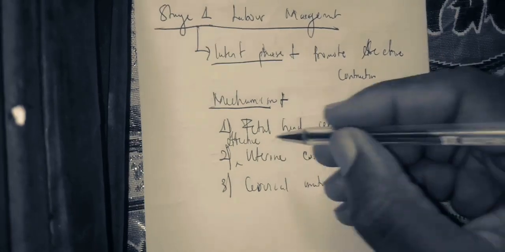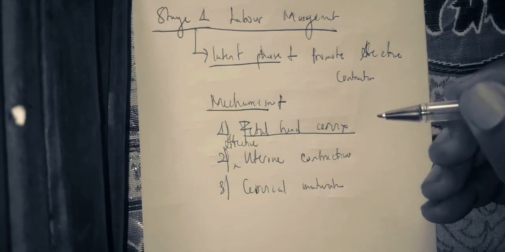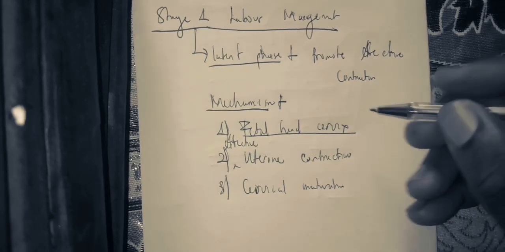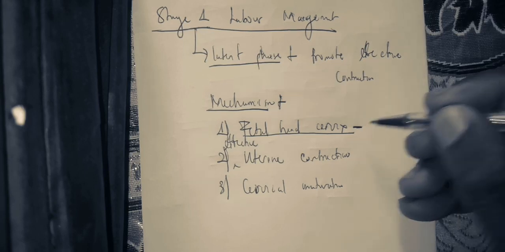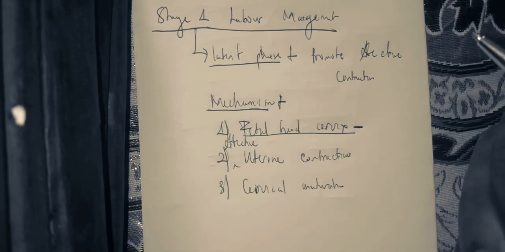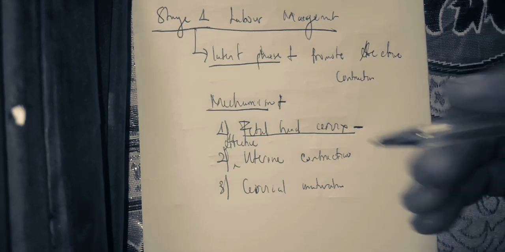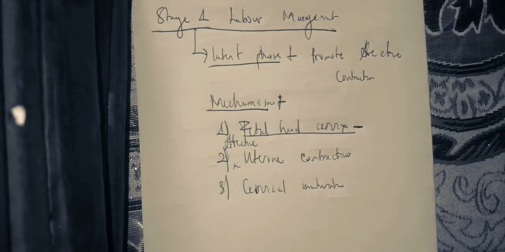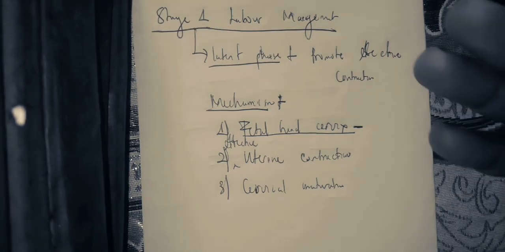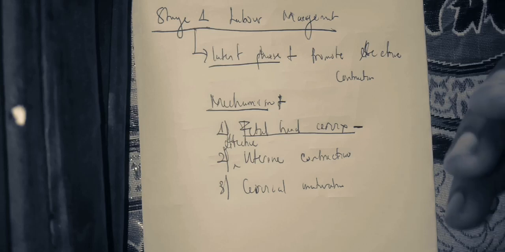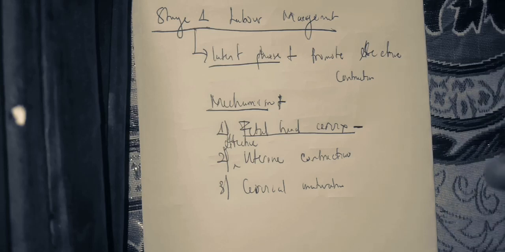Now let's start with the first one, the fetal head pressing at the level of the cervix. When you have a patient in the latent phase of labor, you do nothing. The only thing you can do is counsel the patient so that stage 1 can go a little bit faster, but still in the normal range.